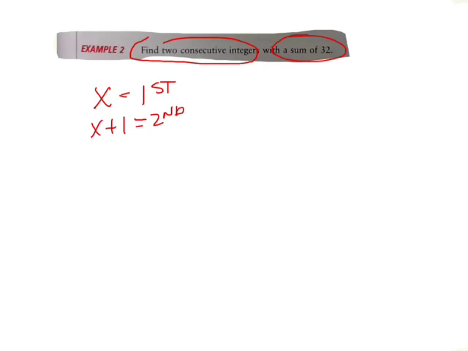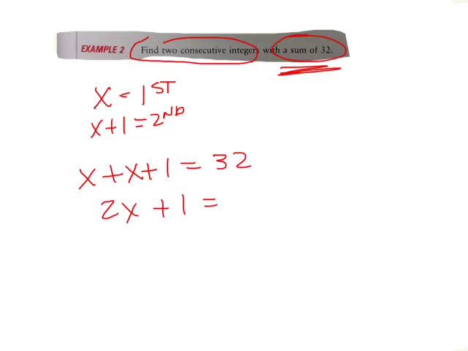Okay. Two consecutive integers with a sum of 32. x is the first, x plus 1 is the second. So the sum is 32, meaning you get 2x plus 1 equals 32.